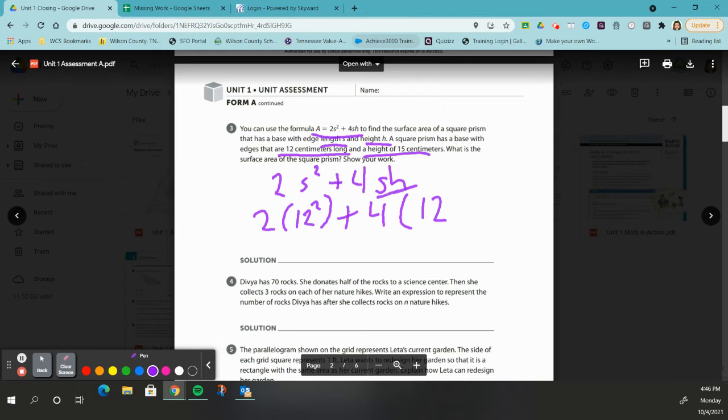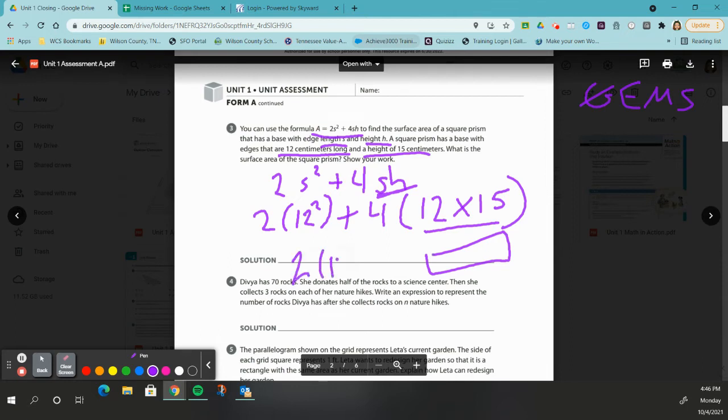When we have letters, variables next to each other like that, we are multiplying those. So now we're just following our order of operations, our GEMS. We do have grouping here, so we will do 12 times 15 first and get an answer. Then you want to bring down the other parts of your expression.